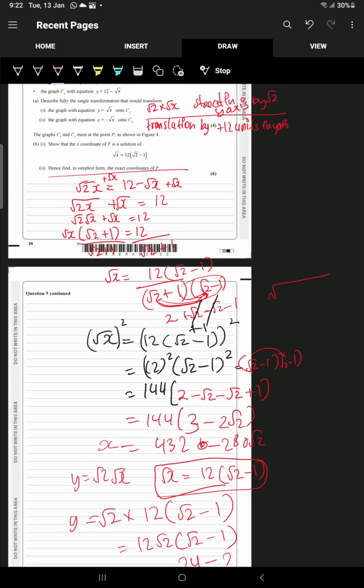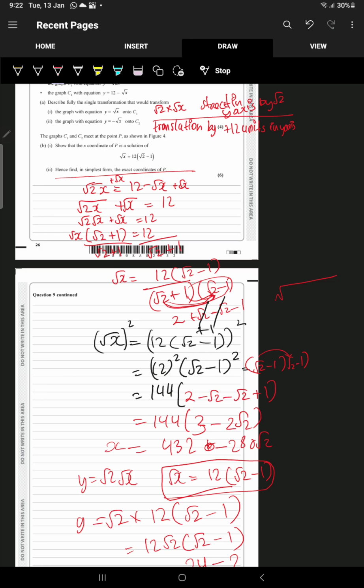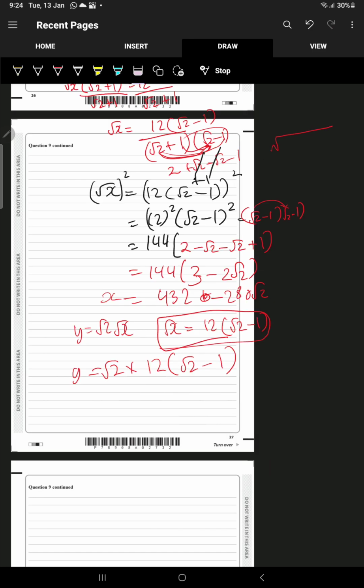So I applied the BODMAS rule kind of incorrectly. First we should expand the brackets. So root 2 is going to be times 12 root 2 minus 1, and root 2 times 12 root 2 is going to be 24 minus root 2.